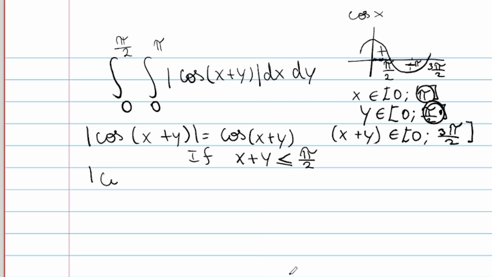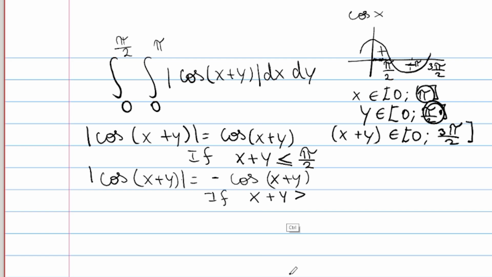And then the absolute value is minus cosine of x plus y if x plus y is greater than pi over 2.